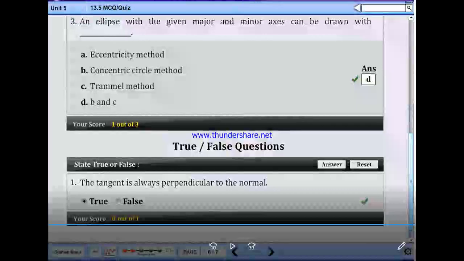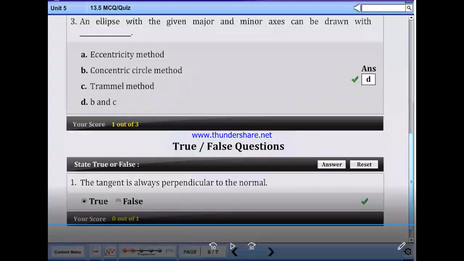Now third, an ellipse with a given major and minor axis can be drawn with eccentricity method, concentric circle method, trammel method, B and C. Now the answer is D: an ellipse with a given major and minor axis can be drawn with eccentricity method, concentric circle method and trammel method.